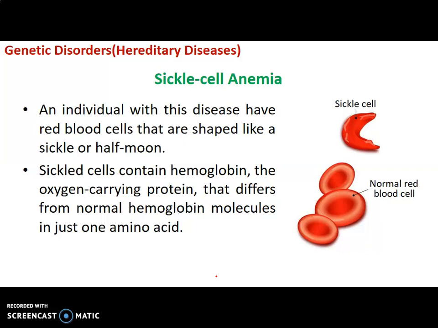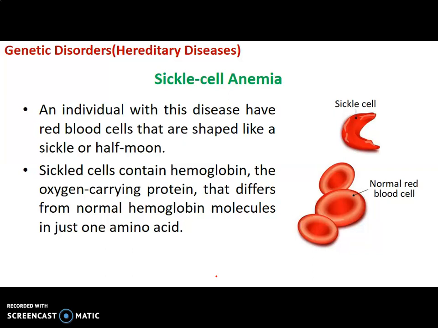An individual with this disease has red blood cells that are not disc-like in shape. Instead, the red blood cell will be in a sickle or half-moon shape. This type of red blood cell has an altered amino acid in it.